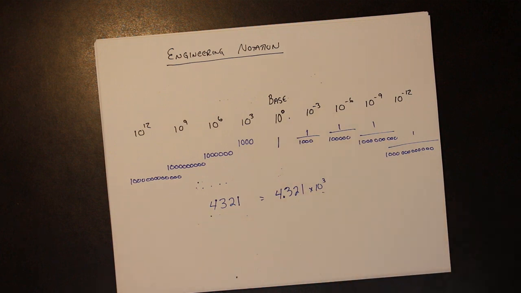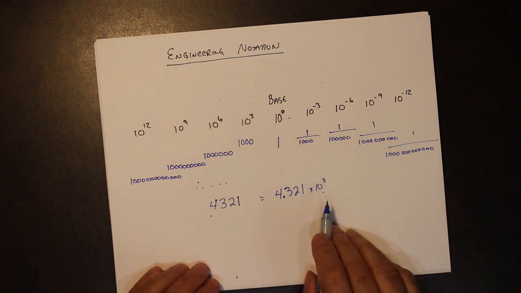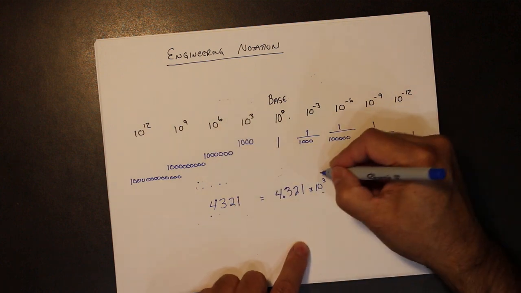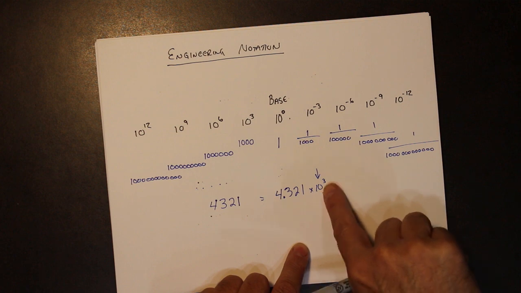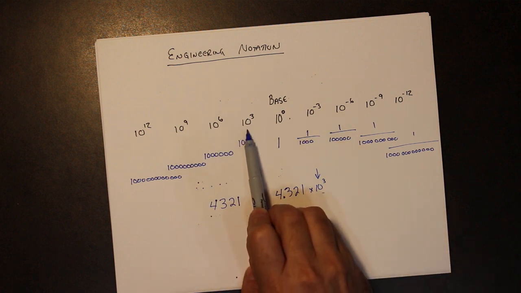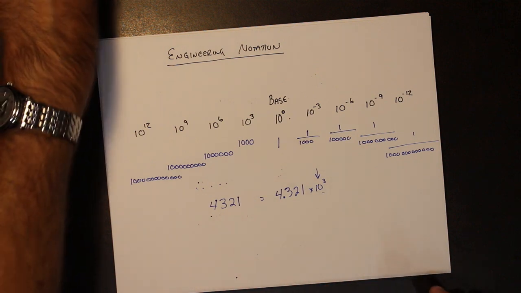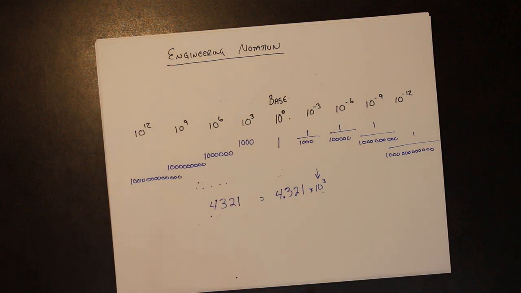That's scientific notation. If I want to represent the same number in engineering notation, we do have a 10 to the power of 3 right here, so that would be the same number in engineering notation.